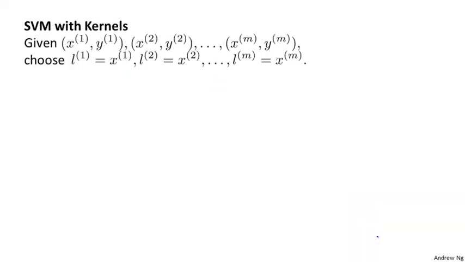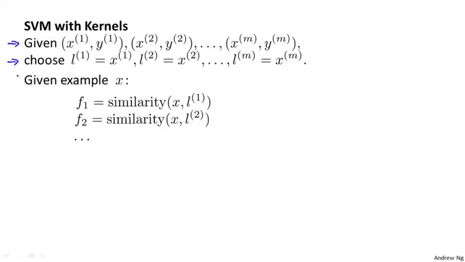So just to write this out a little more concretely, given m training examples, I'm going to choose the location of my landmarks to be exactly the locations of my m training examples. When you're given an example x, and this example x can be something in the training set, something in the cross-validation set, or something in the test set, I'm going to compute these features F1, F2, and so on, where L1 is actually equal to x1, and so on.